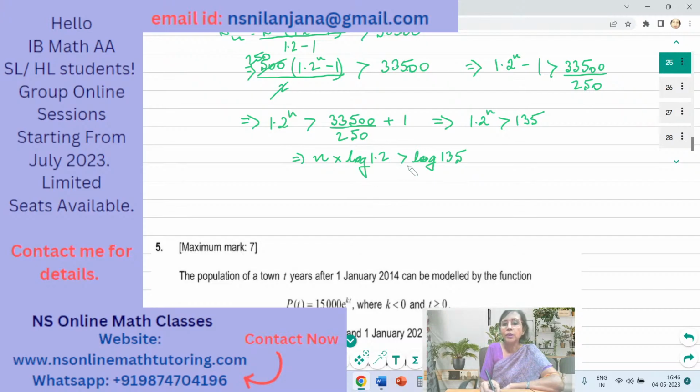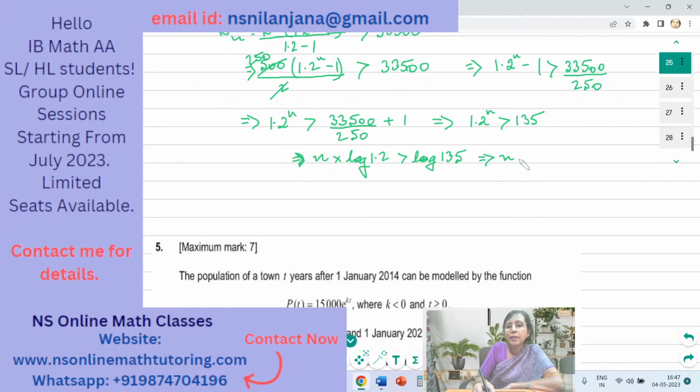But I would suggest that you get the value anyway. If you are sure that it will be a positive number, and your surety is correct, you may not get the value of that part, which has to be divided later on. But to be on the safer side, get the logarithmic values of both the sides first, so that you know with what number you are dividing both the sides. So I'm doing that.